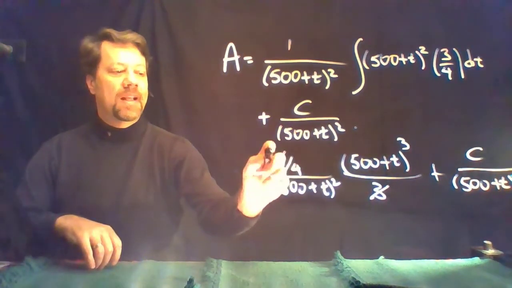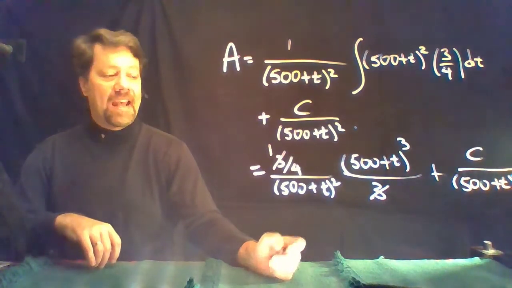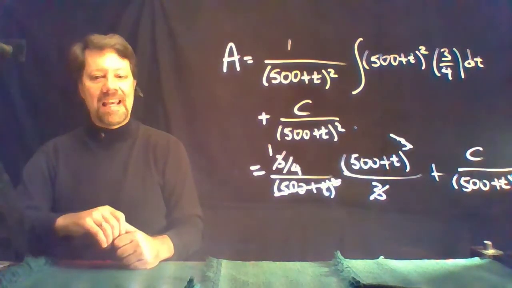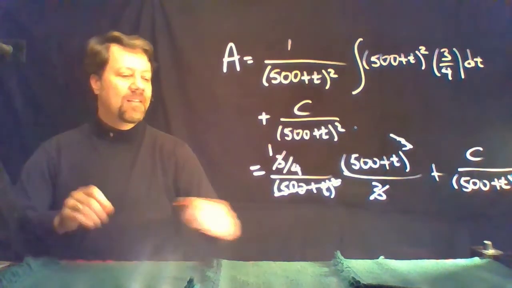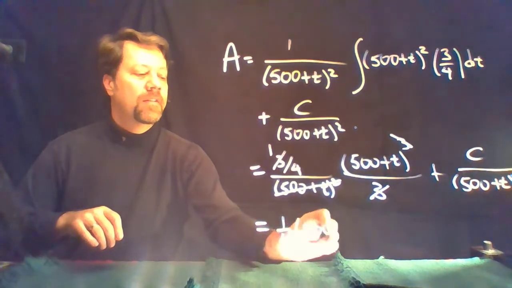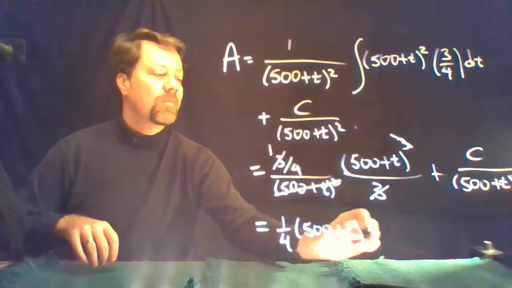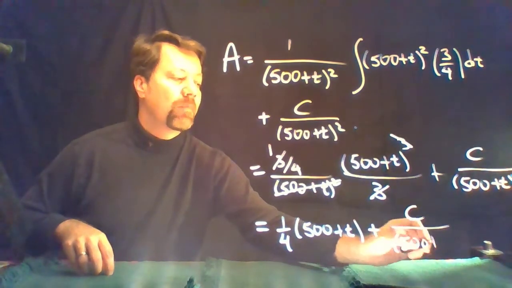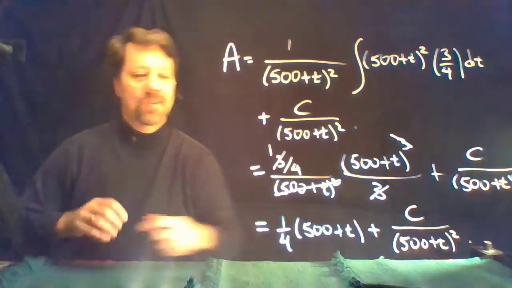This 3 will cancel this, and we can cancel 2 factors of 500 plus t. The solution becomes 1/4 times 500 plus t plus the constant of integration divided by 500 plus t quantity squared.